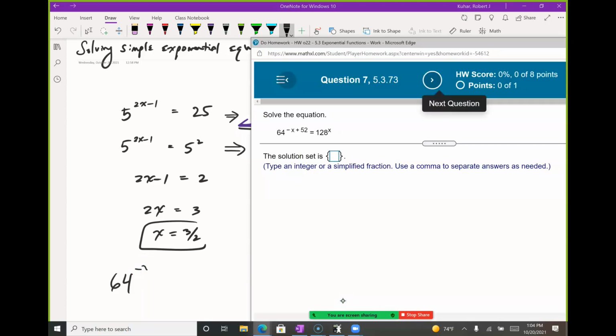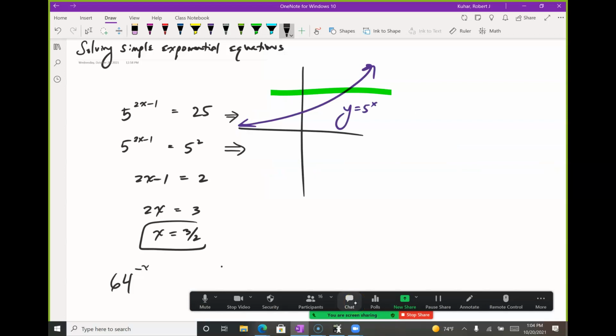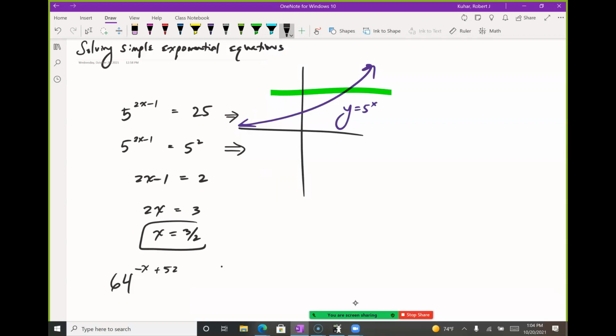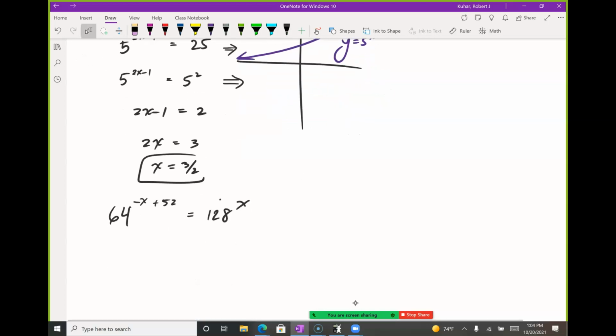Negative x plus 52, 128 to the x. So these are base 2. Am I right? Yeah, base 2, right? So I want both of these base 2.